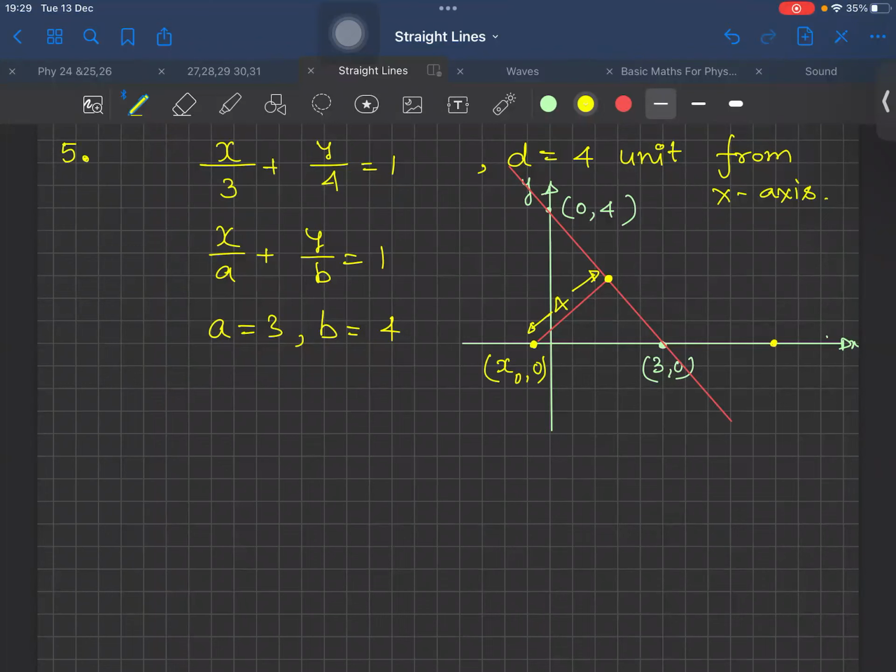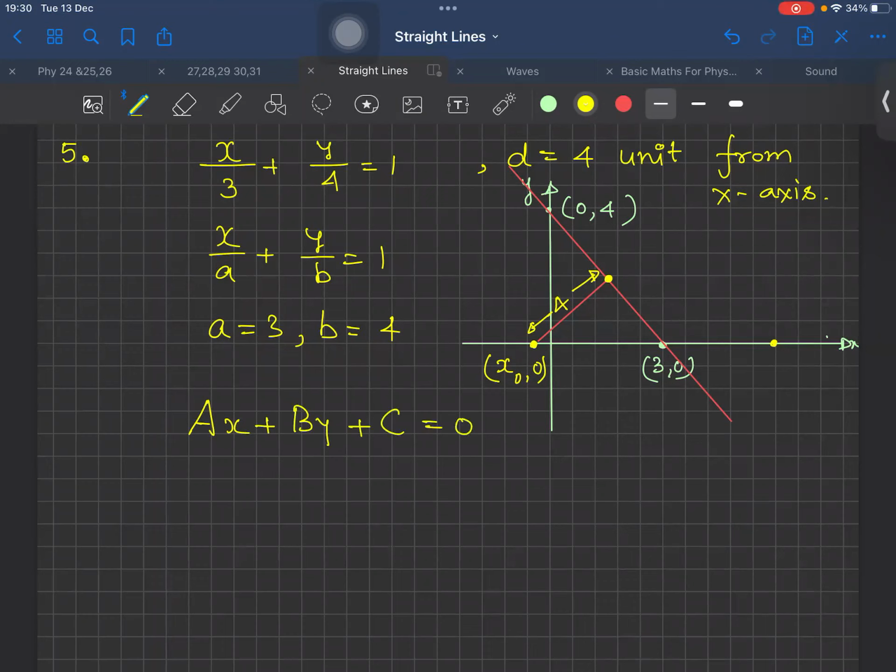Use the perpendicular distance formula. First, let us convert the intercept form of the equation. Try it. I think you will be able to do it. See, always when you are stuck, always try to convert into the form ax plus by plus c is equal to 0.